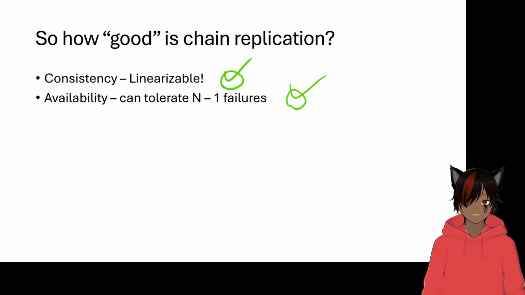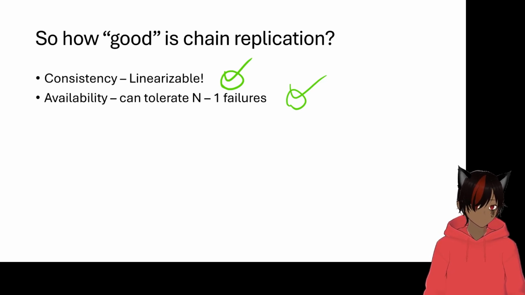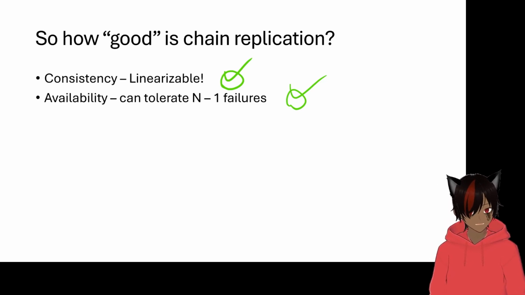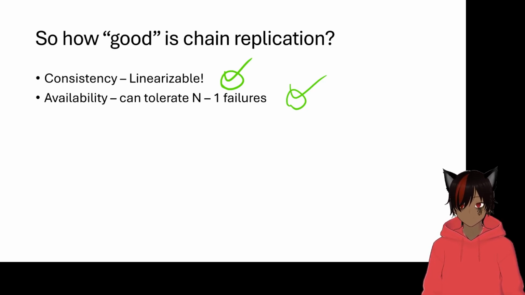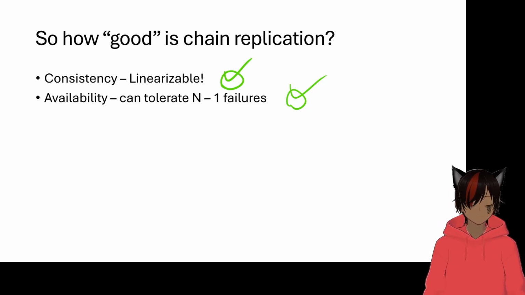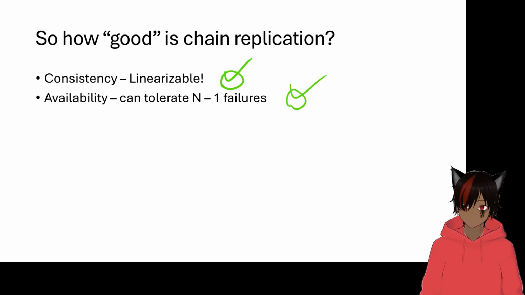So this is very high availability, I would say. Of course, this is sort of cheating in a way, because it's depending on something like Zookeeper, a consensus algorithm. But for now, we're just looking at chain replication. It's only as available as its cluster management software is, and that's a common pattern.